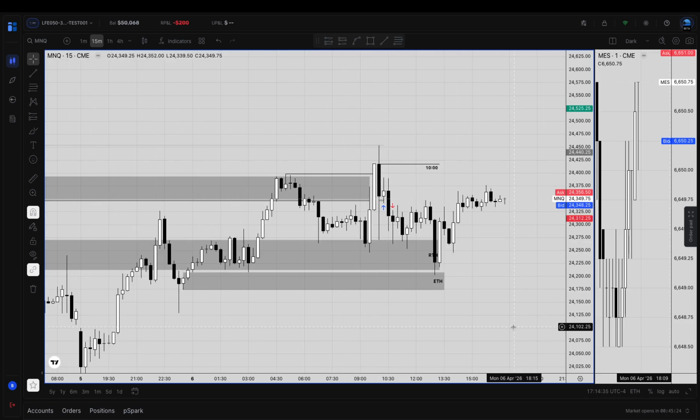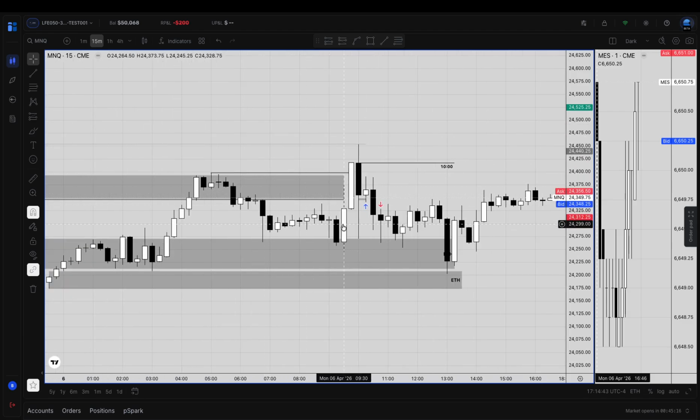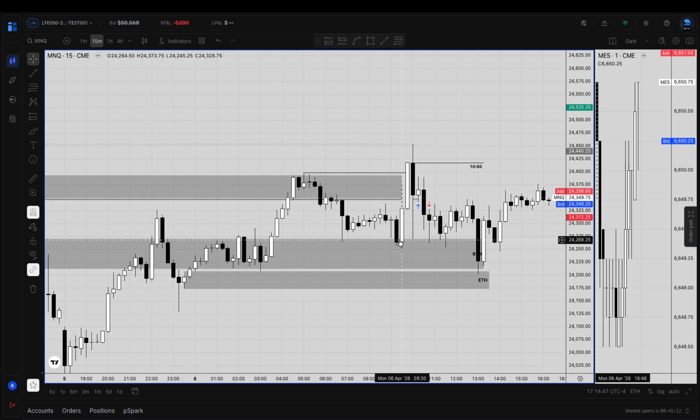This is the ETH chart on the 15-minute time frame on Nasdaq. Basically, this up candle already refilled and took all kinds of liquidity and inefficiency.